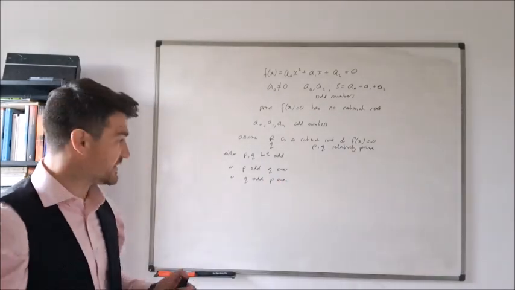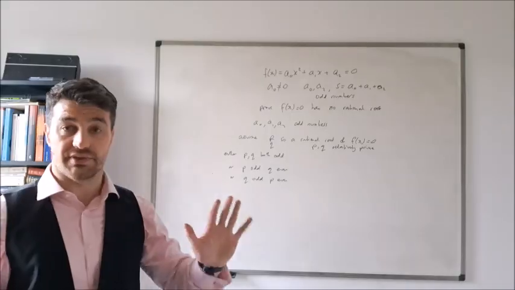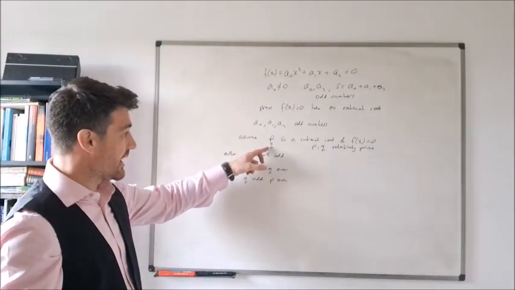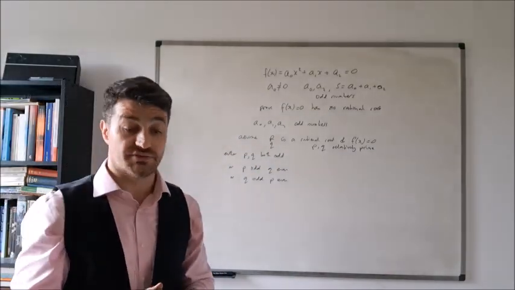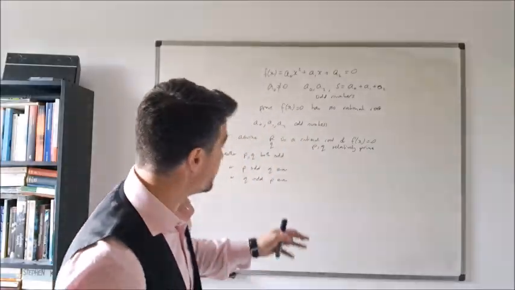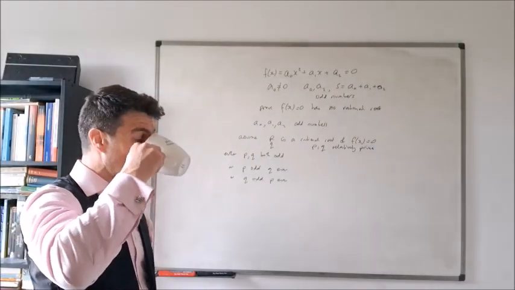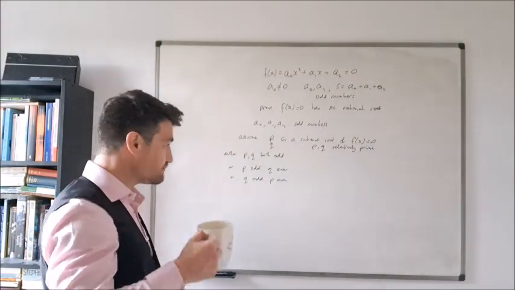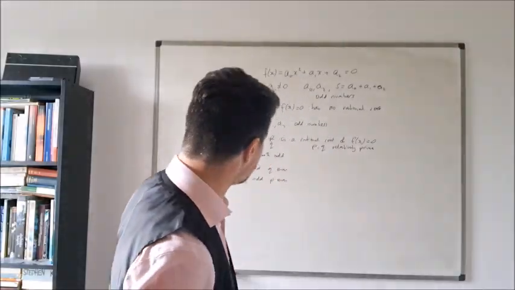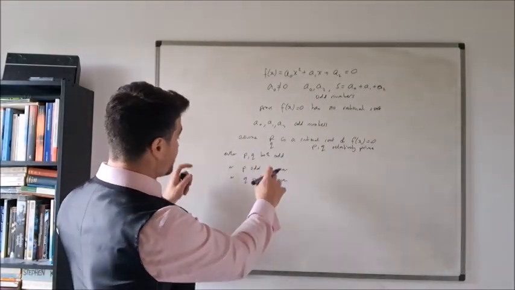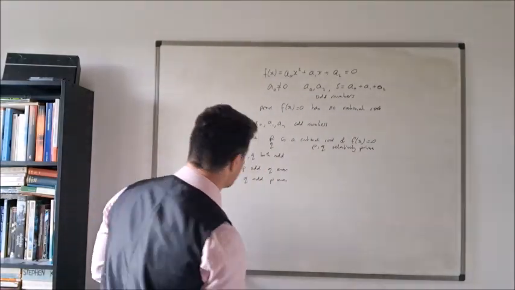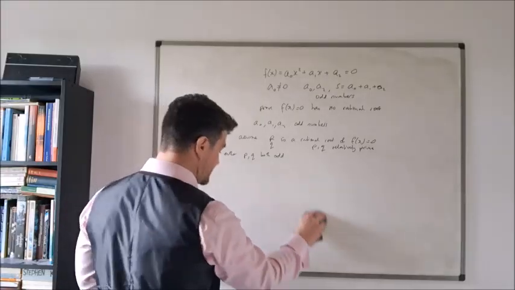So there's only 3 possibilities. We can't have that P and Q are both even, because then they would have a common factor of 2, which we've already excluded. Right. So let's look at this first case then. Let's get rid of these. We'll come back to these.